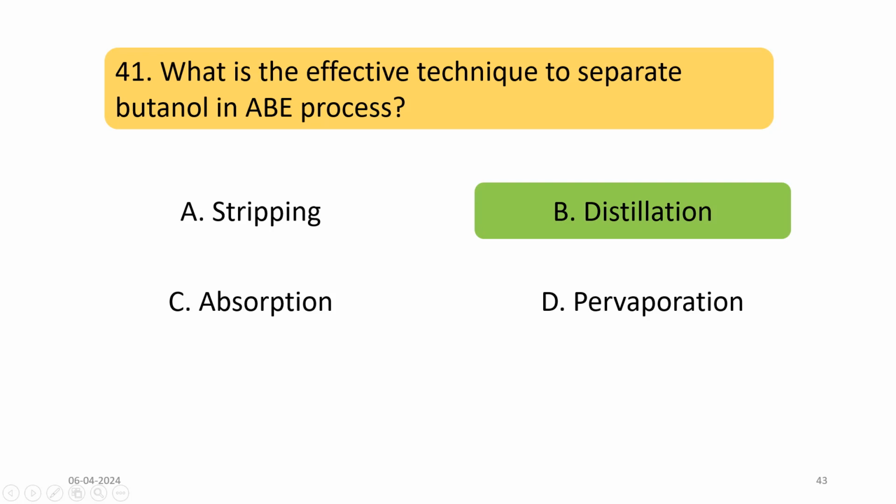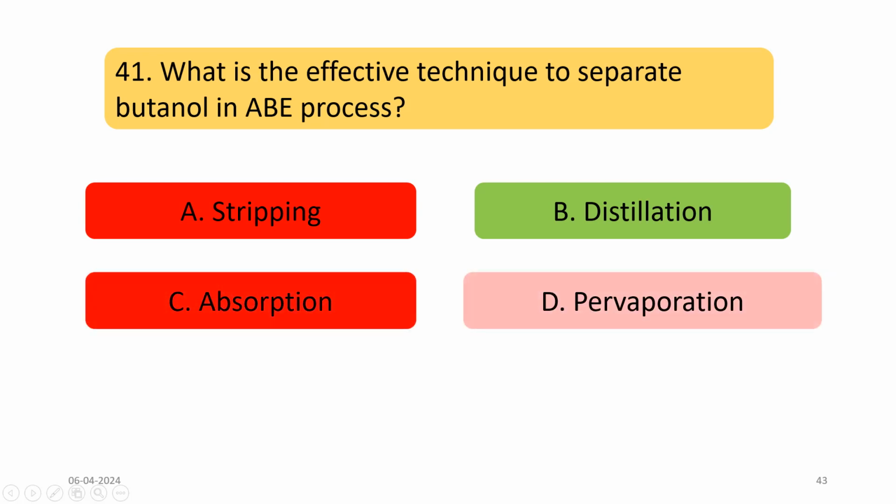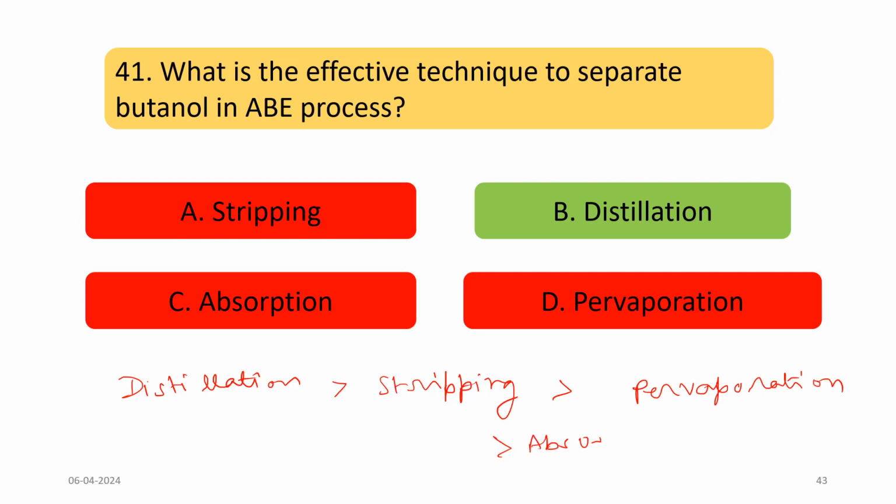Others are also there, obviously. Stripping, absorption, and pervaporation are also there. Among these four, the first most effective is distillation, then comes stripping, then pervaporation, and then absorption. Okay.